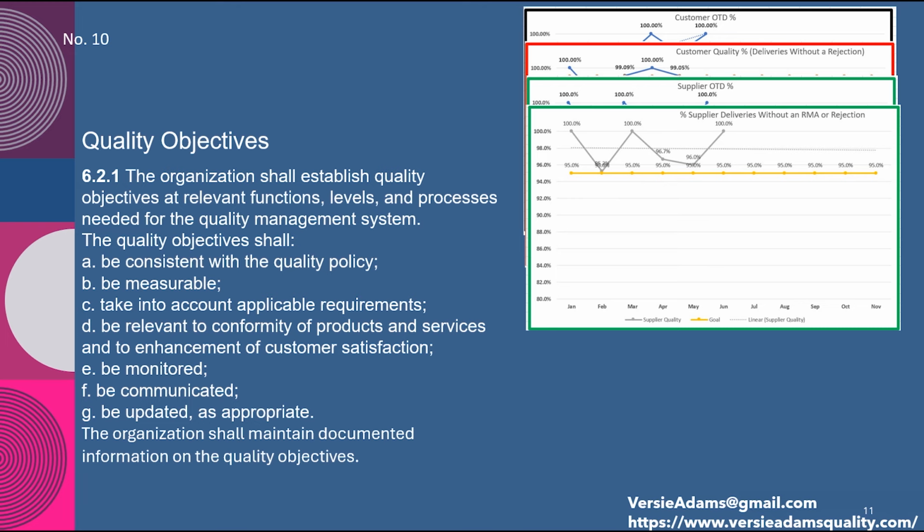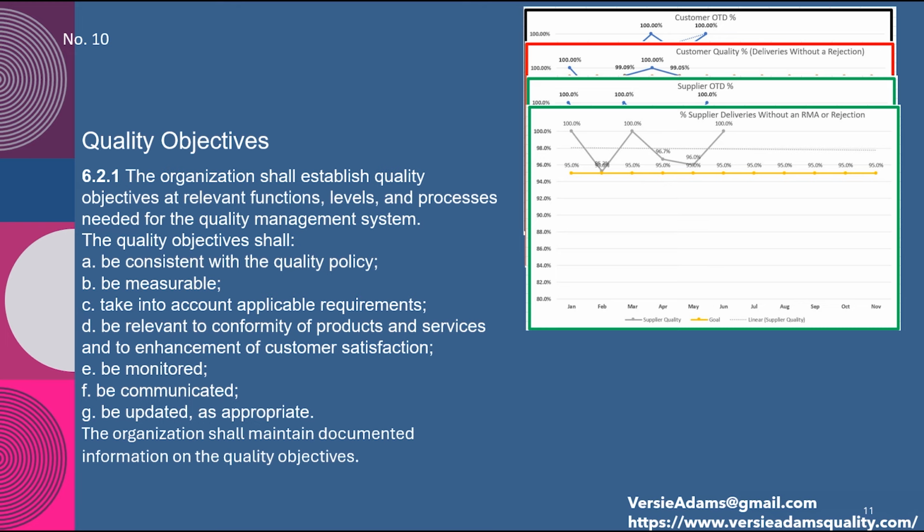The quality objective is to deliver product to the customer that meets their expectations. But that's not measurable. You have to have a percentage or a count of something, whether you're measuring customer quality in DPPM or QPPM, or you're measuring it as a percentage. It needs to be measurable. So that's what I'm finding oftentimes, that the quality objective is stated, but there is no measure of the performance of that quality objective. Okay.